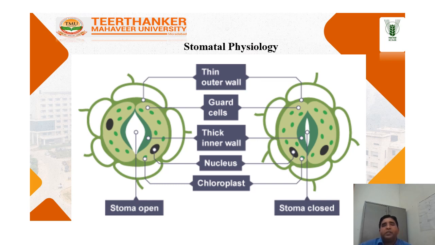Sometimes they are open, sometimes they are closed, on the basis of the environment and plant physiology, and there are guard cells that have a concentration of solutes. On the basis of the difference in the concentration of solutes in the guard cells, stomata open and close.